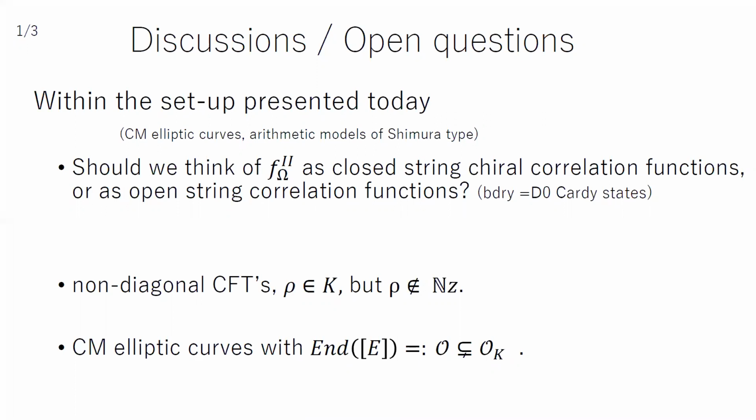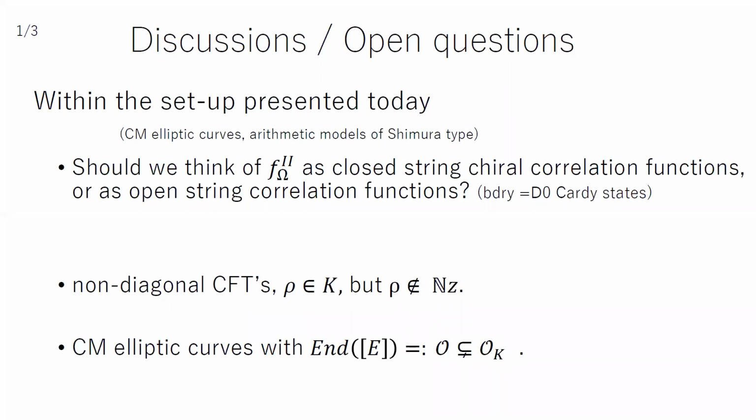In that context, the left mover functions and the open string functions are the same, so we cannot distinguish which is the right interpretation. But in a more general context, or with a better theoretical understanding, there may be a difference, and maybe the open string version is better than the closed string, or maybe the other way around. That's an open question to me.